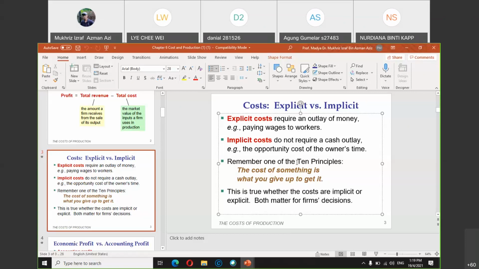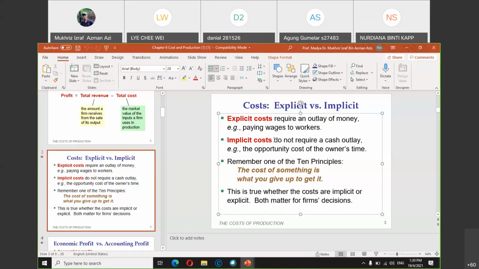So the money that you can earn by working could be the opportunity cost of doing a full-time degree course in UUM. In economics, we don't only take into account explicit cost, but also implicit cost, usually measured by the opportunity cost.